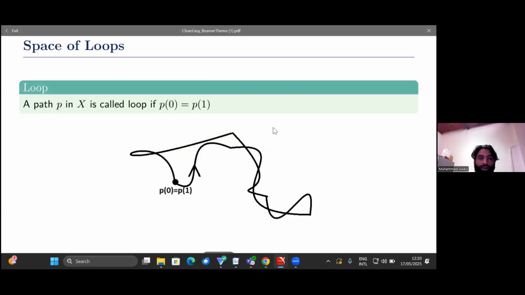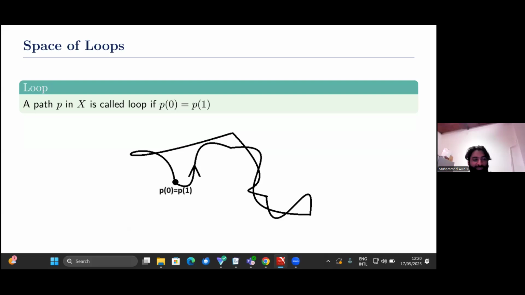Okay. Now let's come to our, as we saw in our previous example, we are interested in paths whose starting and end points are the same. What I will do with paths, I need something. I want loops. Okay.